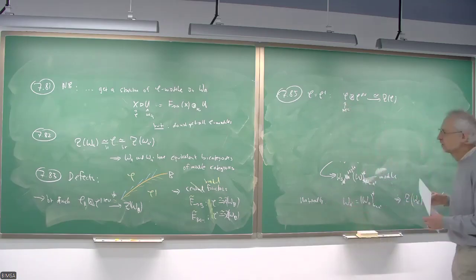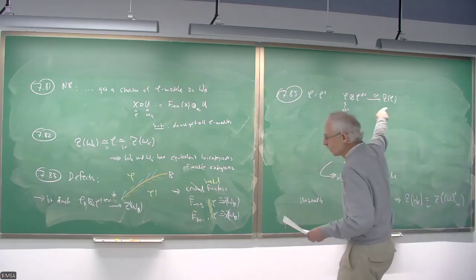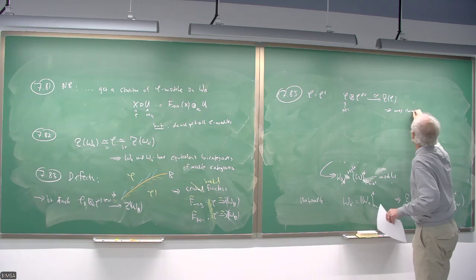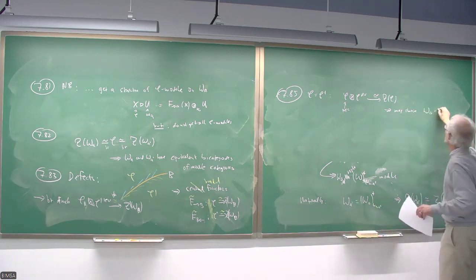And then it's natural to say you have this, and then we may choose WA just to be C.